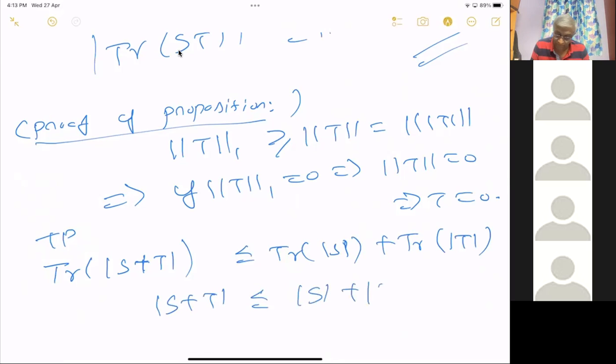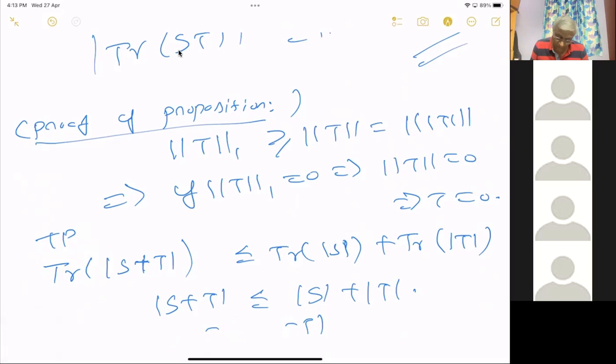It is something like the square root of (S plus T) star (S plus T), and that is related to the square root of S star S and the square root of T star T.